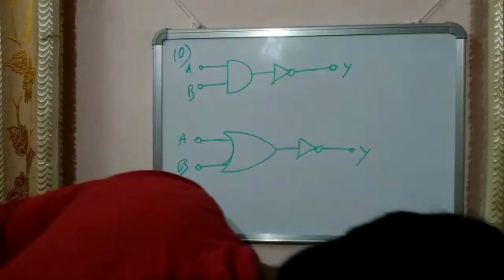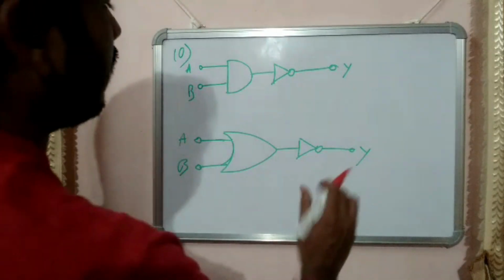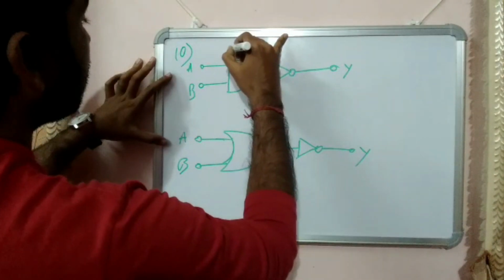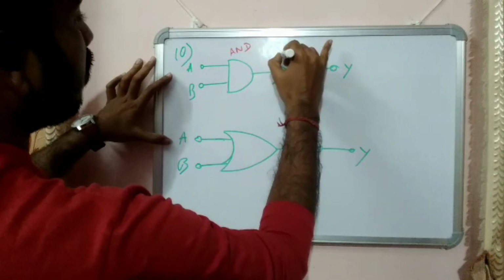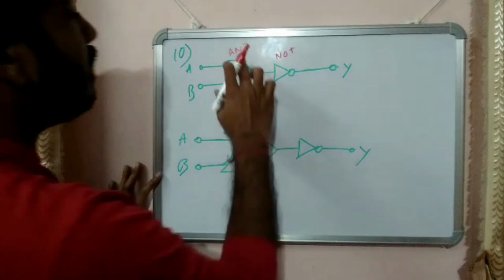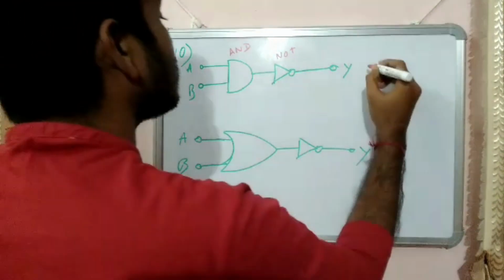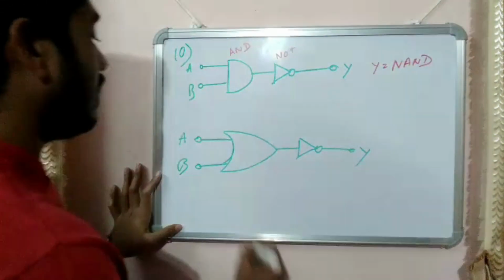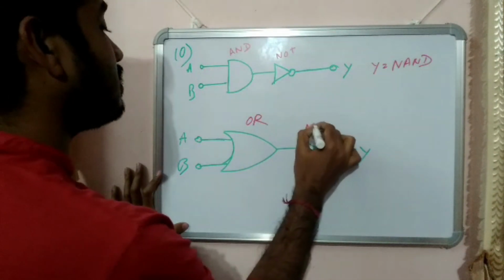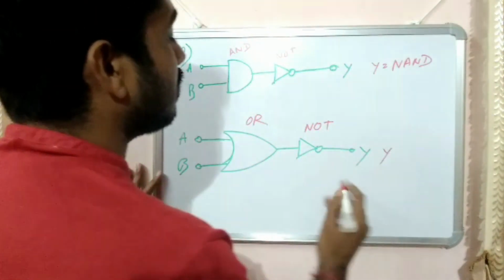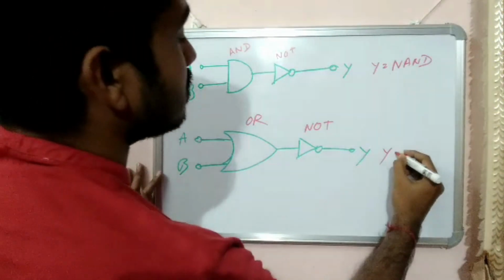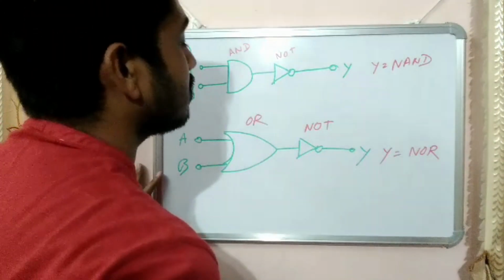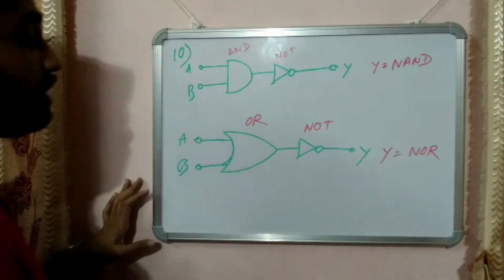You have to find out the output Y and identify the gate. So this is an AND gate, this is a NOT gate. So AND followed by NOT becomes NAND. And this is an OR gate and this is a NOT gate. So OR followed by NOT is a NOR. NOT over AND is NAND and NOT over OR is NOR. Quite simple.